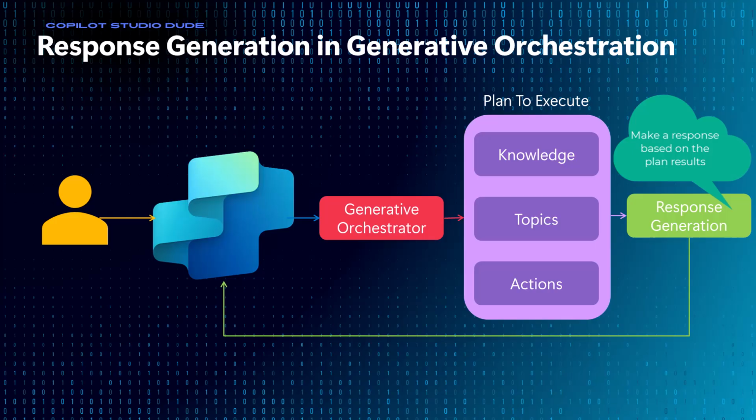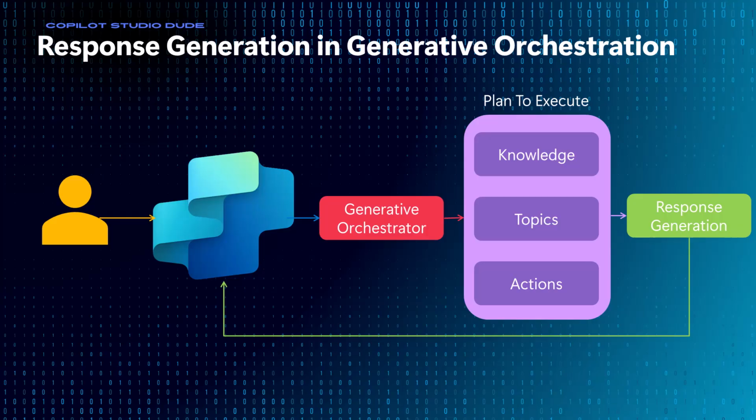It doesn't matter that you went to 4 different knowledge articles and 6 topics and 3 actions to do it. You're going to get one response back, and this is the response generation. That response is then handed back to the Copilot agent to go back to the user to answer the question or to service the customer's request.